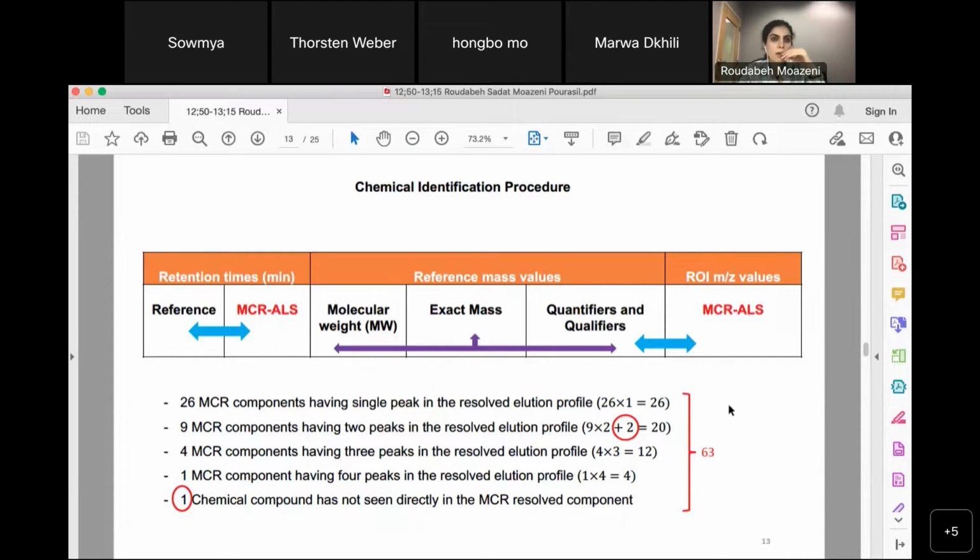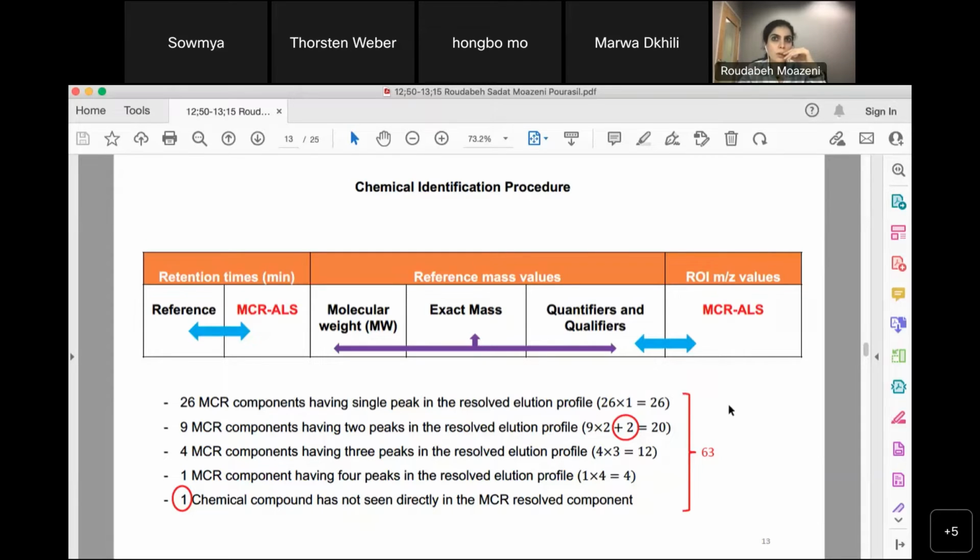However, I should say one of the chemical compounds was not directly seen by MCR. I will explain in the next slide why this happened.